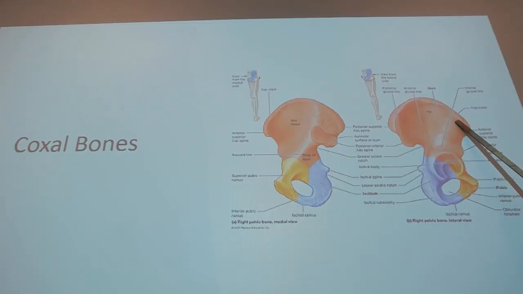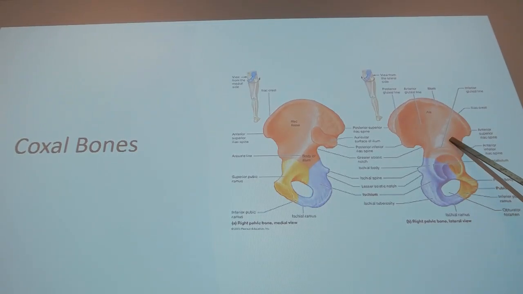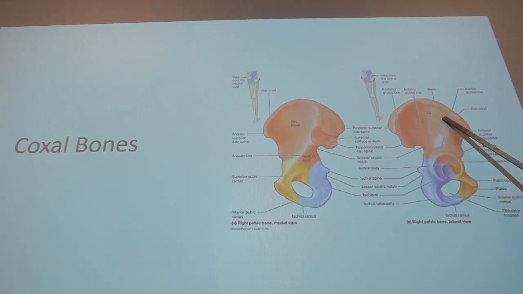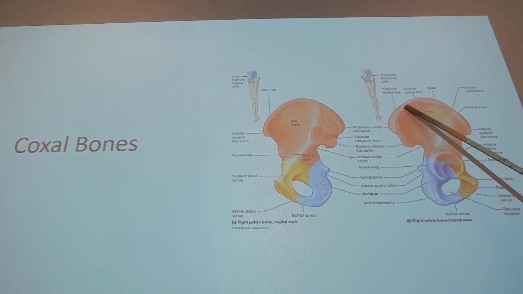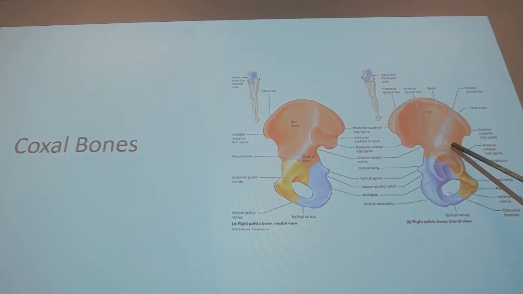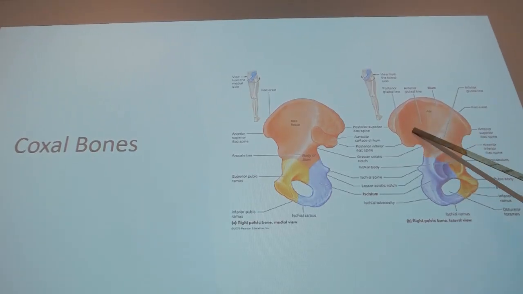And then this part of the ilium is called the ala. And in the ala, there are several lines, including the anterior gluteal line, posterior gluteal line, and the inferior gluteal line, where the gluteal muscles, the ones that help us to stand erect, insert into this part.